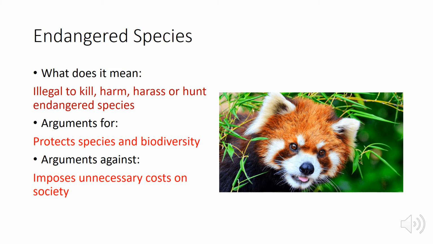The arguments against the endangered species list is maybe it imposes unnecessary costs on society. So Juliet, to your point, maybe if having a panda on the list doesn't actually protect the panda, and it also means we get criminally charged for harassing pandas, not that I'm saying go out and harass pandas, but maybe that's problematic for some reason.